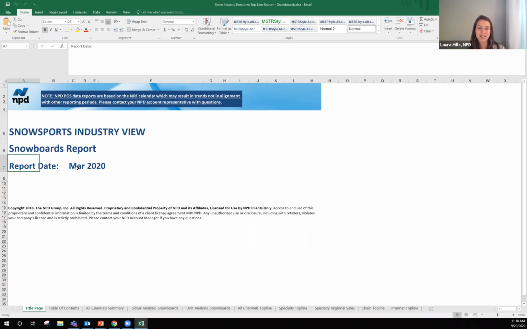So August is, as everybody on the call here knows, really just the start of the season, and it's a lot of clearance activity that's happening. So retailers are pulling out their inventory that they packed away at the end of last season, and there's really not enough meat on the bone of that month to report it solo.